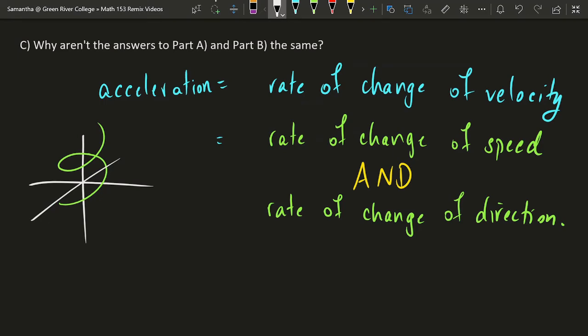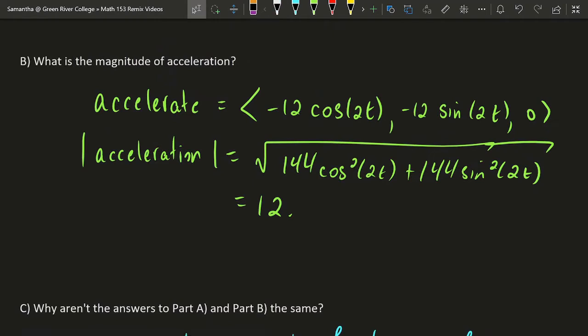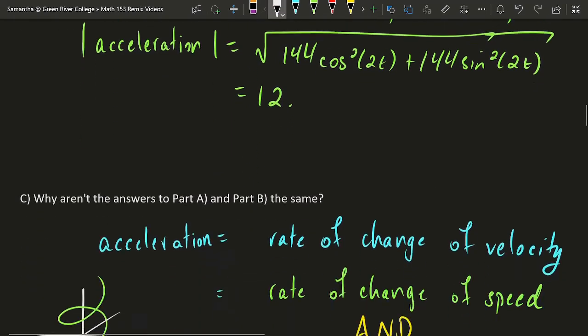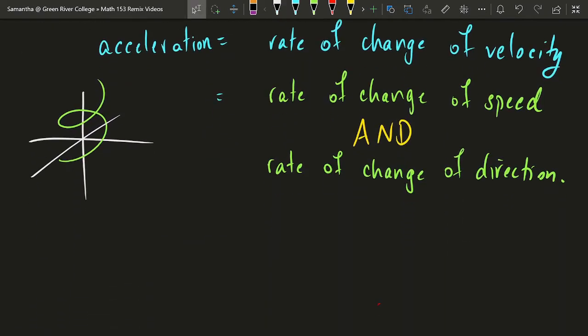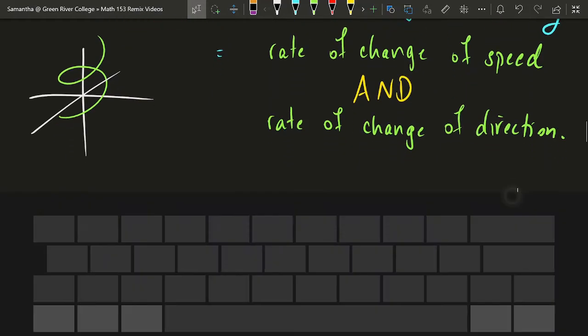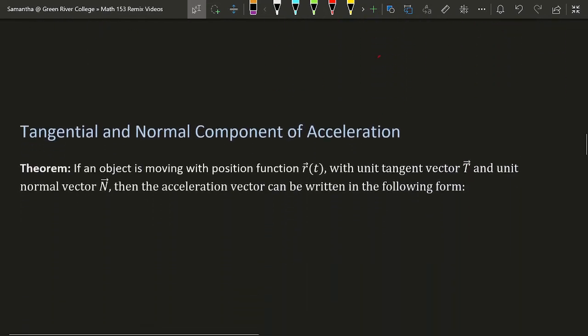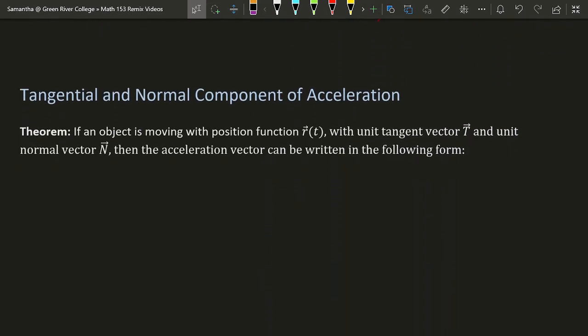And so the 12 that we're getting for the magnitude of the acceleration, that entire magnitude is capturing how quickly this object is changing its direction. This dual nature of acceleration, its ability to capture how the speed is changing and how the direction is changing, is captured by what are called the tangential and normal components of acceleration.